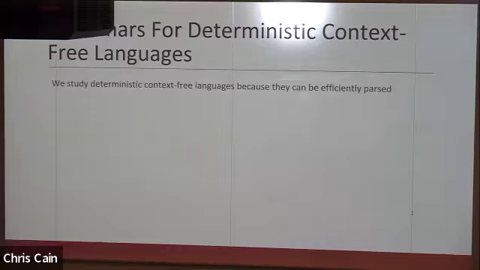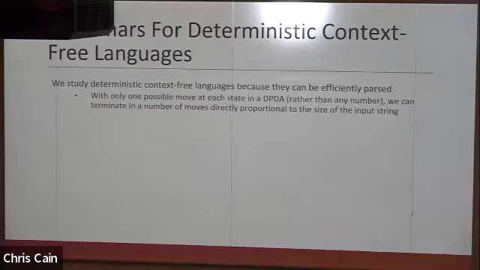The reason we even care about them in the first place is that we can parse them efficiently as opposed to non-deterministically, which requires a search. As soon as we have that determinism, we can search that space in a linear fashion rather than in a fashion that requires us to go through what we did with CYK to put that together.